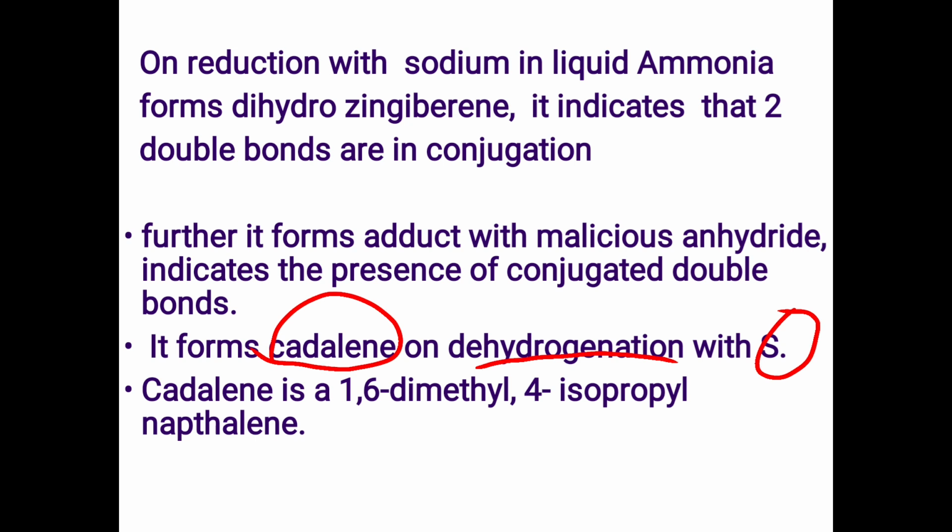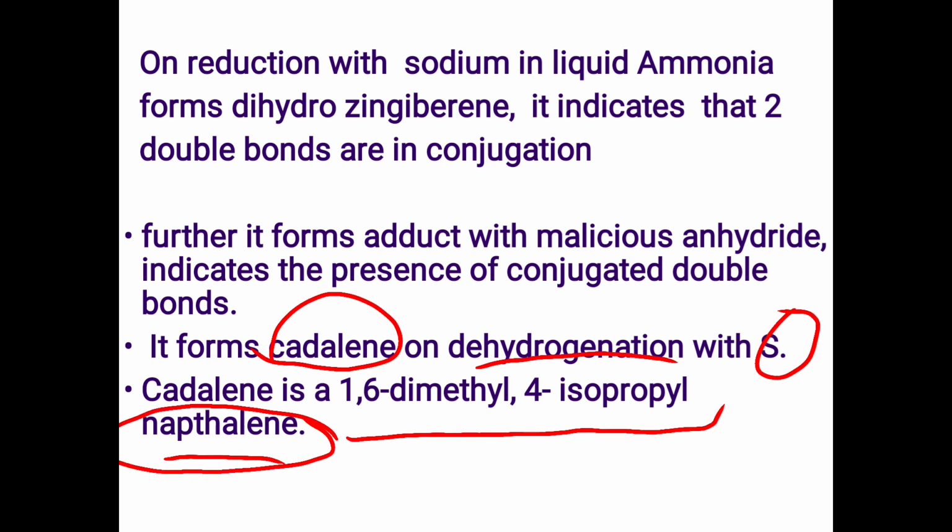Cadalene is 1,6-dimethyl-4-isopropyl naphthalene. That means the basic skeleton in cadalene is naphthalene.